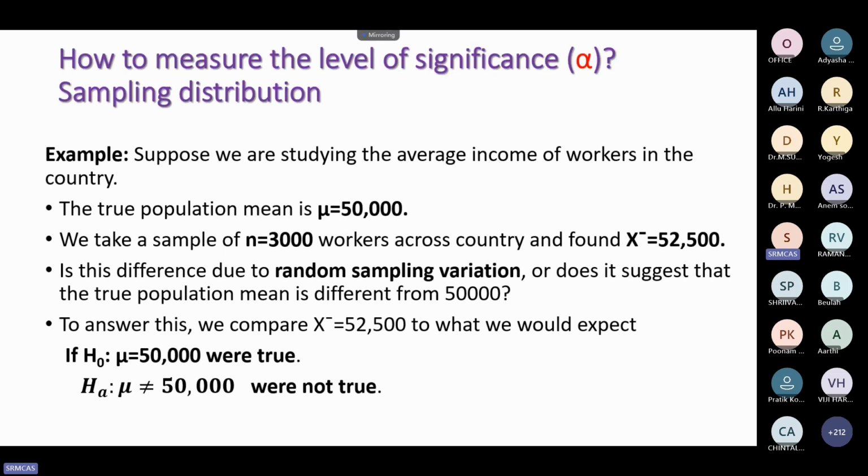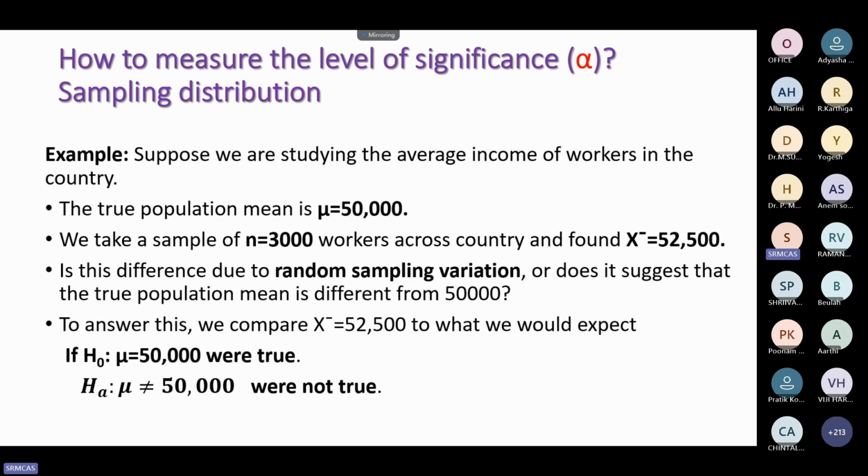If you take a sample of 3,000 workers across the country and the estimated value, the X bar, the average of the sample, is 52,500, can we say that 50,000 and 52,500 are really different? That is, that the sample value and the population value are different? We cannot say surely, because the excess 2,500 may be due to random sampling, that is, sampling fluctuation or sampling error.